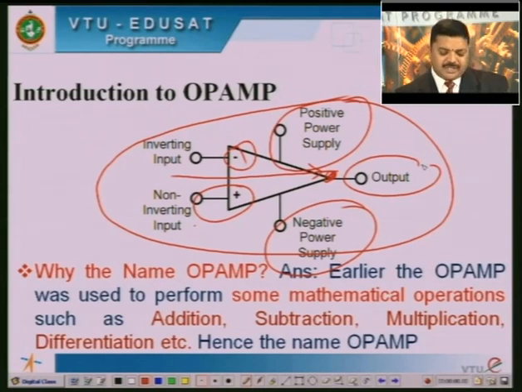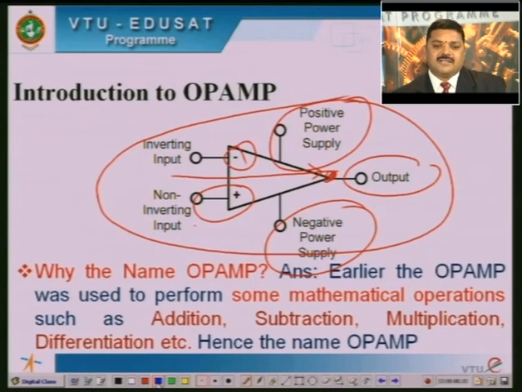Now, let us move on to why this is called an operational amplifier. Why the name op amp? In the olden days, the op amp was used to perform mathematical operations such as addition, subtraction, multiplication, differentiation, etc. on signals.